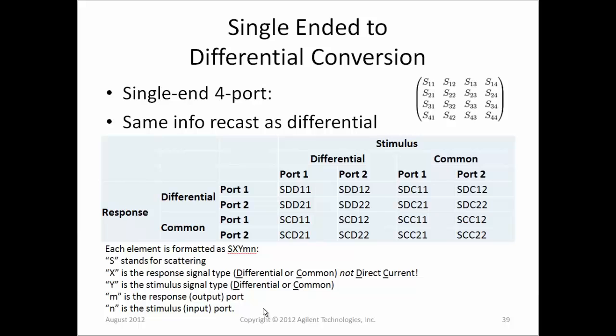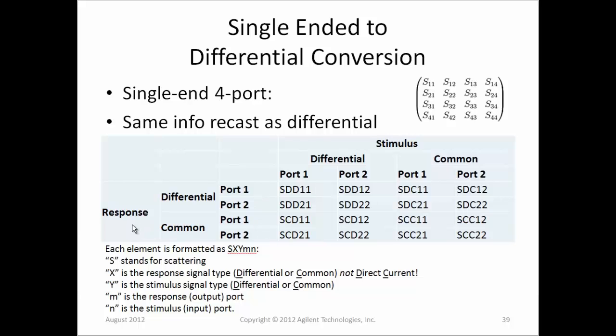Speaking of single-ended and differential, you can actually specify differential or mixed mode S parameters. In this case, let's say you have a single-ended 4-port measurement with conventional S parameters, a 4x4 matrix. You can recast the same information as differential. Then you have 2 ports: you pair up the ports into pairs, so 4 ports you pair up into 2 differential ports.